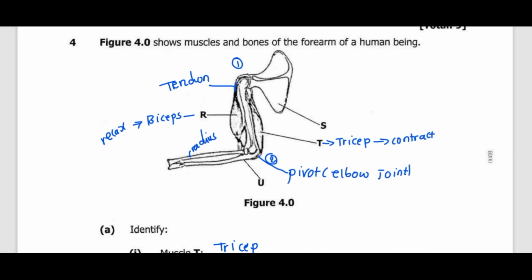2 farmers, one with a pure breeding black bull and the other with a pure breeding white cow, decided to cross their cattle. The black bull was crossed with a white cow, and all the resulting offspring had the coat color called roan. So first we need to look at what is meant by roan. Roan in terms of colors, it is a condition where the colors that were involved express themselves.